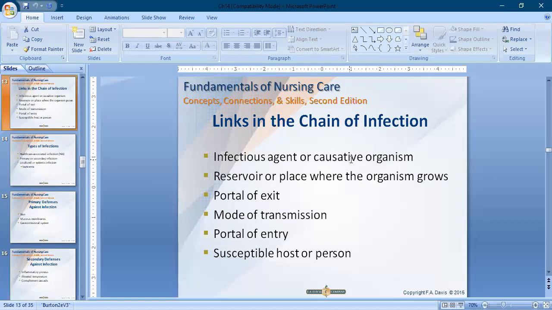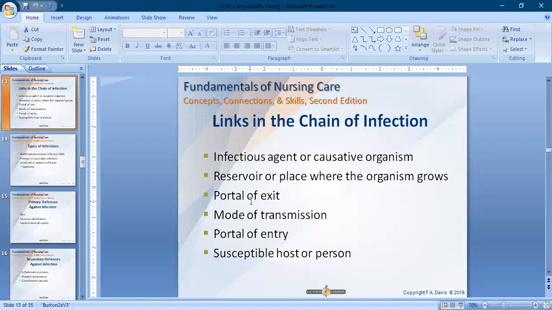Example, human, soil, or any other animal. Then they transmit to the other, it is called the reservoir, right? From the reservoir, they transmit through the blood or respiratory tract. This is called the portal of exit.